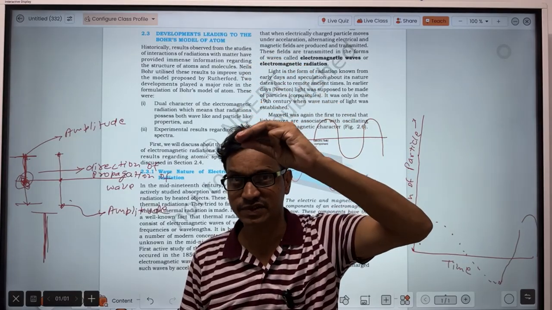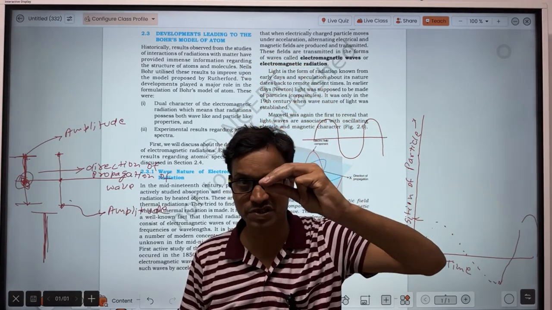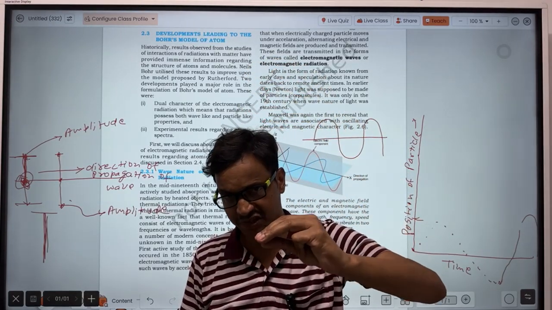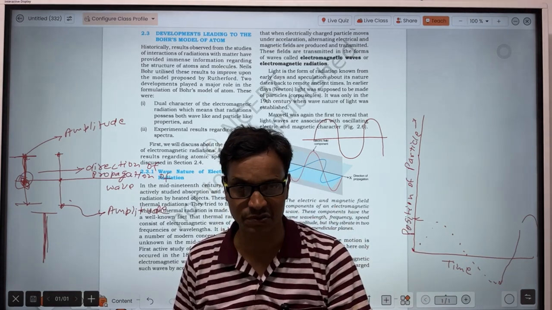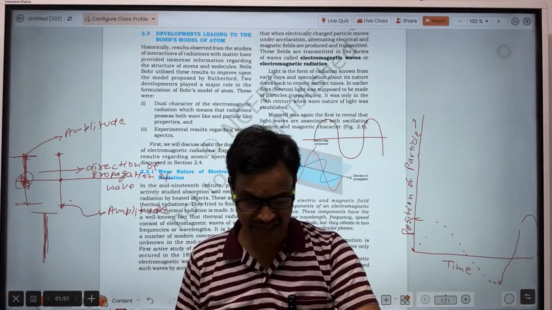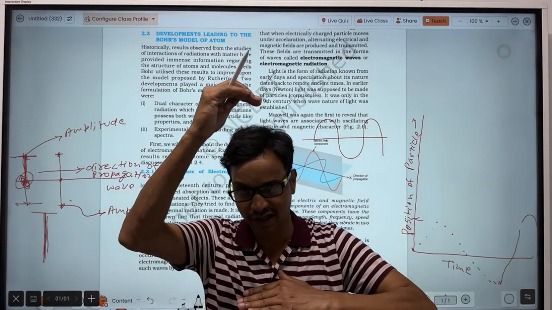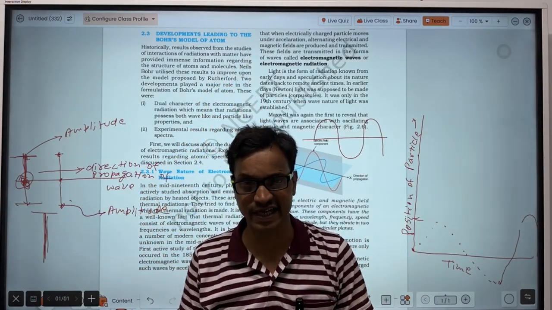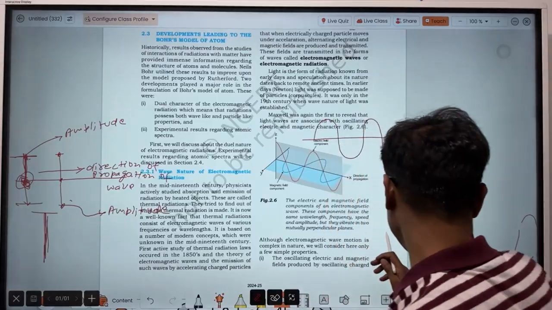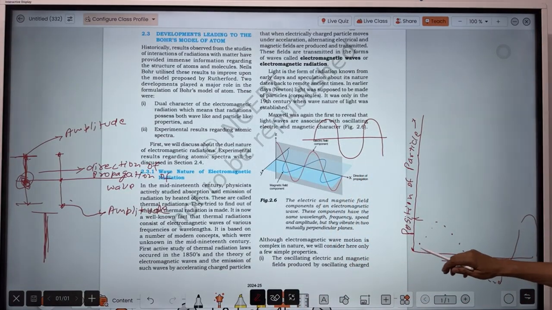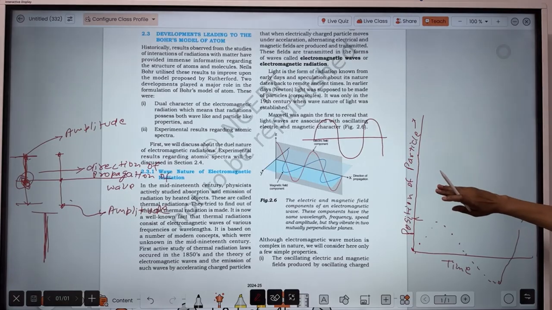Then it comes back to the original position, and goes below the original position also. There it reaches the maximum point, and then it again comes towards the positive side. This is the x-axis here, and the particle is oscillating along the y-axis. So it goes towards the positive y-axis, and then again comes downward.